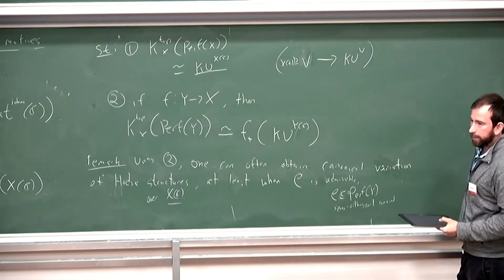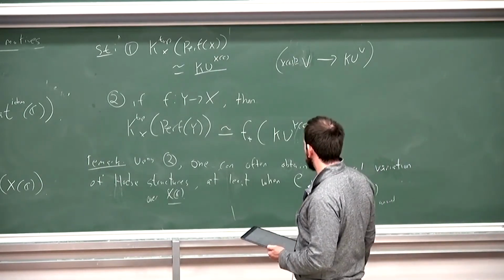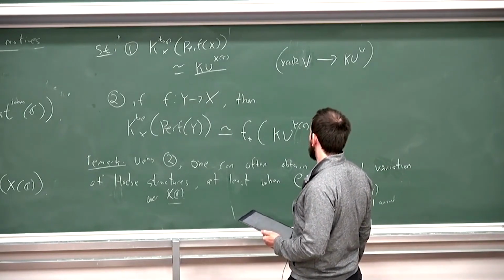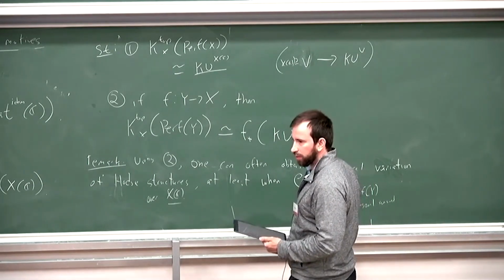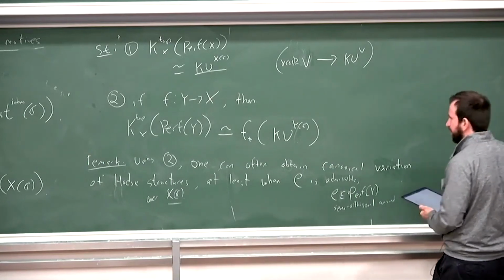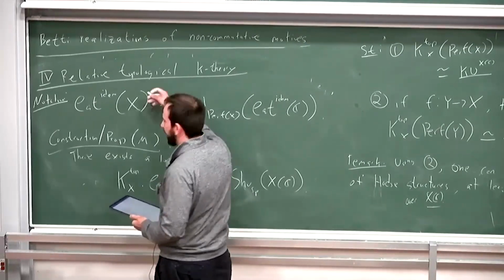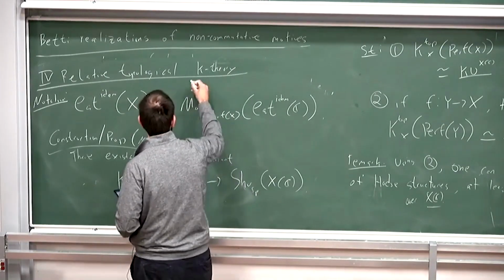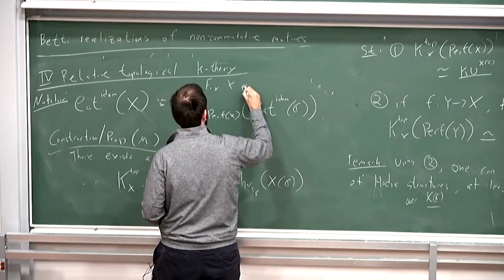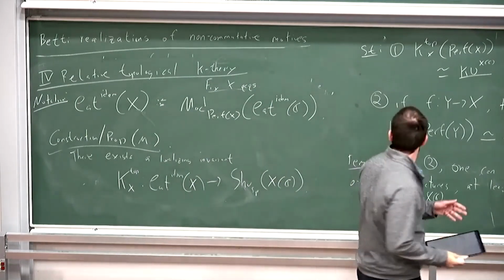You said, what are the assumptions on F? It's an arbitrary map of schemes. But I should have said for X, quasi-compact, quasi-separated, to define this relative. But you also need the complex points. Maybe you need more.